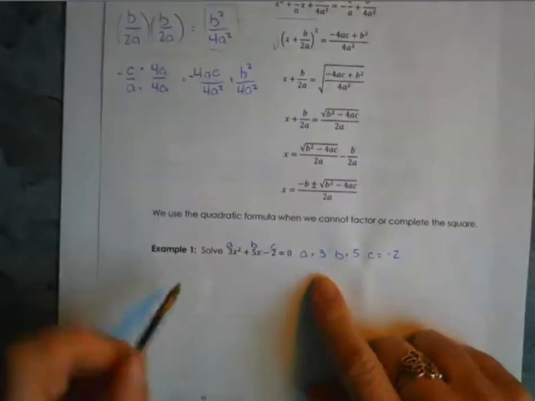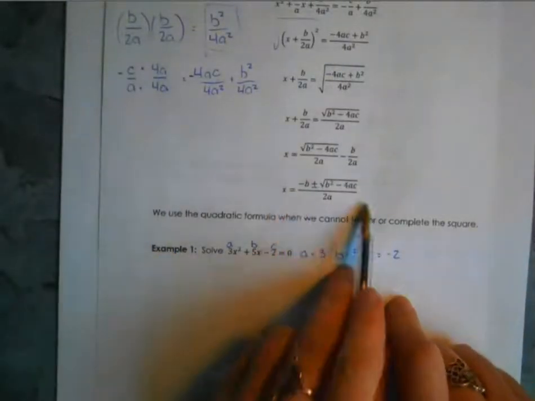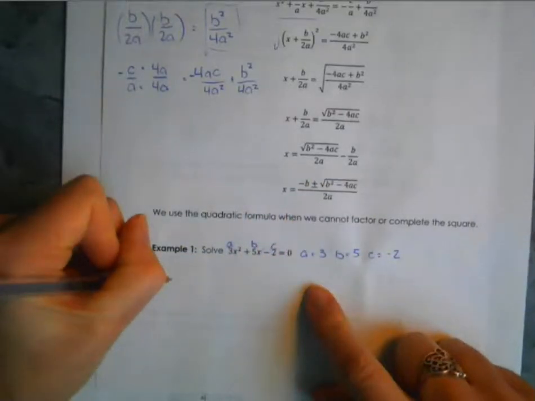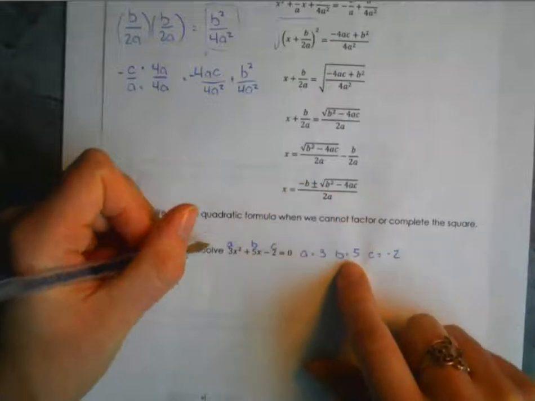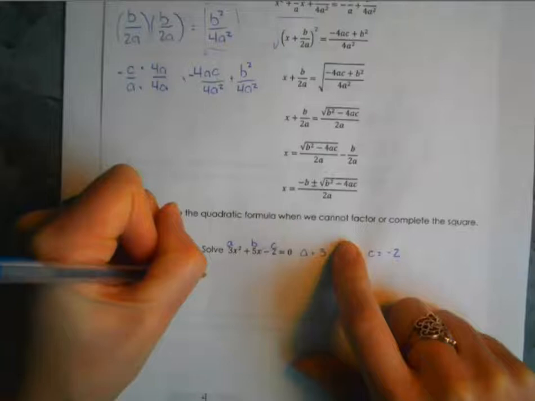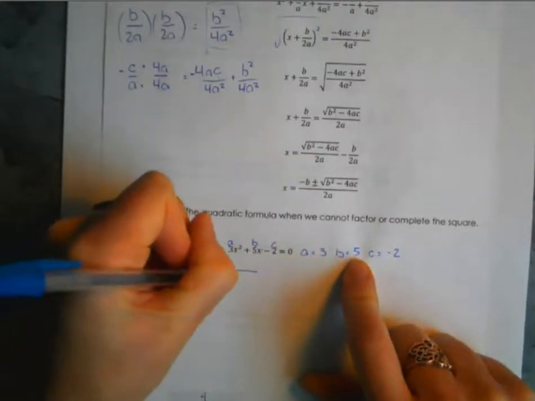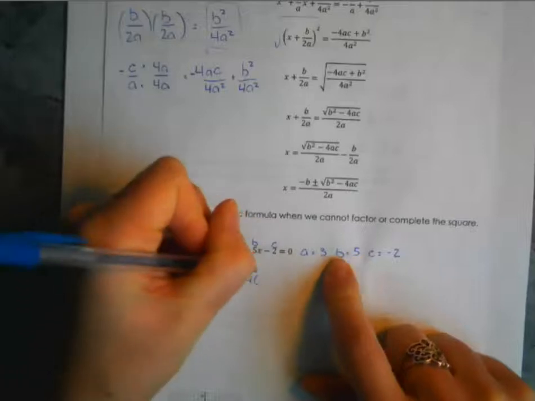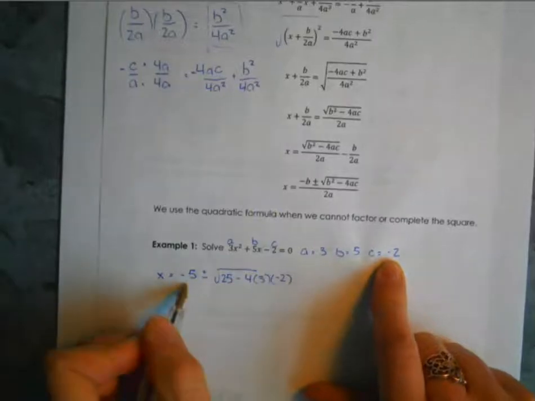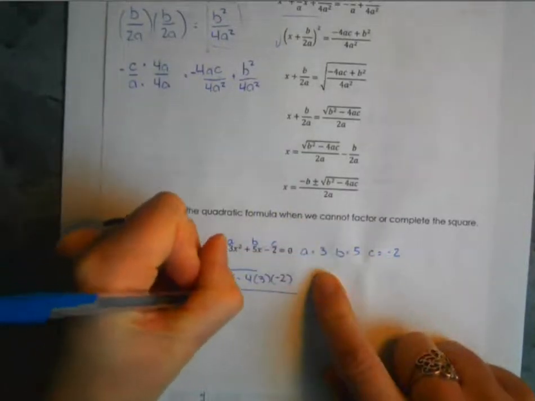Now all we need to do, as long as we have our quadratic formula, which you have on your formula sheet, is plug in our values. So x is going to be equal to negative b, so our b was positive 5, so when we make it negative, it is a negative value, plus or minus the square root of b squared, so 5 squared is 25, minus 4 times a times c. And then we want to divide it by 2 times a, which was 3.